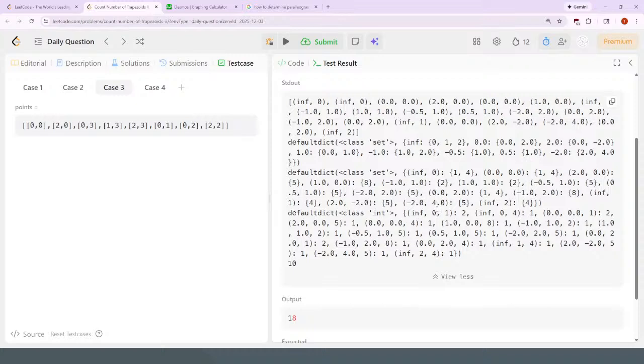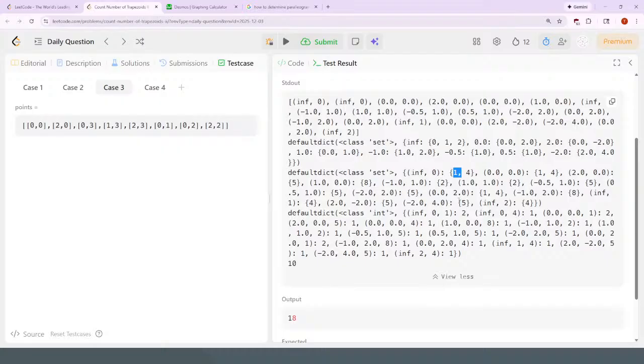Alright, finally it's going to be a combination of slope, intercept, distance squared, and the number of line segments. So 2, yeah, that's fine.